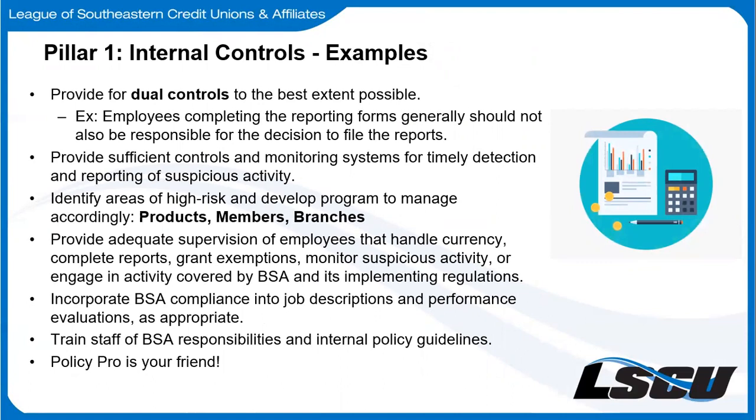This typically means that the employee who's maybe taking the transaction should not also be responsible for decisioning to file the reports. Also providing sufficient controls and monitoring systems to help you detect when something may be suspicious or out of pattern, as well as identifying those high-risk areas that we'll discuss on our risk assessment.